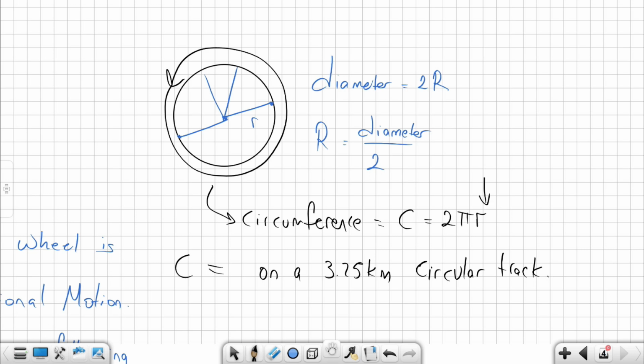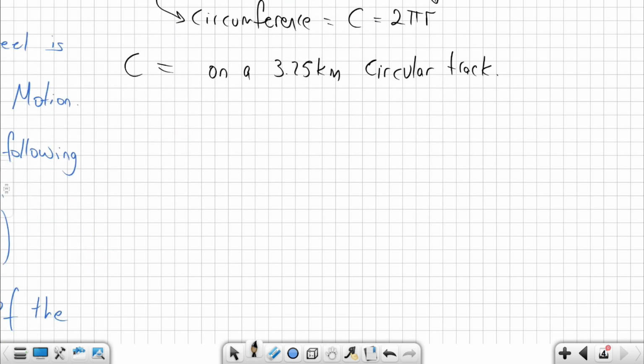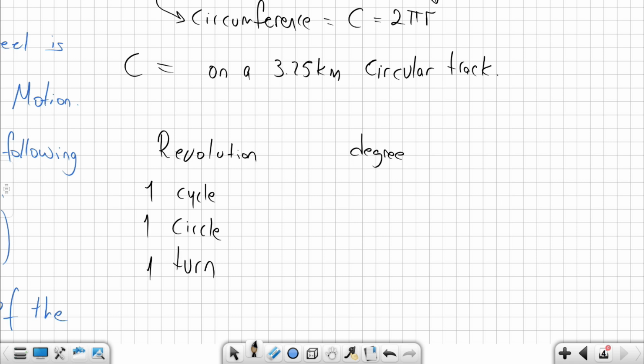Another property of a circle is an angle, and until now you have studied revolution and degree. If you complete one cycle, it is one revolution. For a complete circle, or one turn, theta in revolution is one.